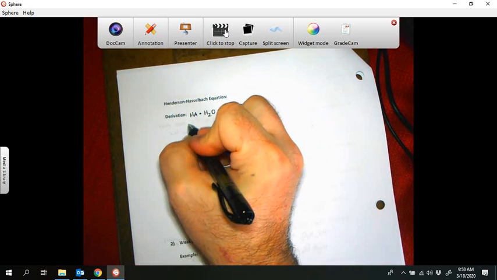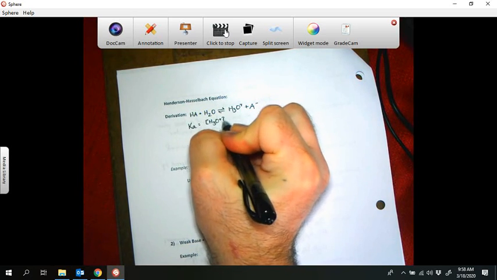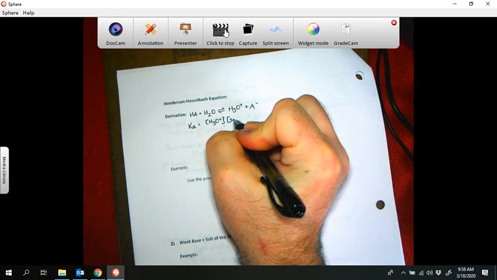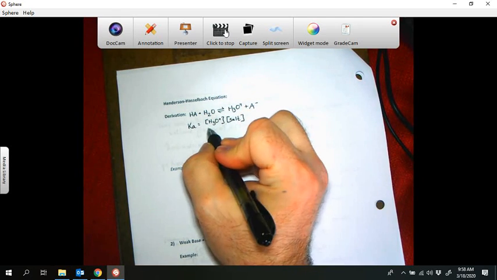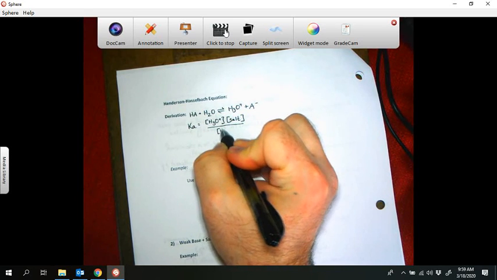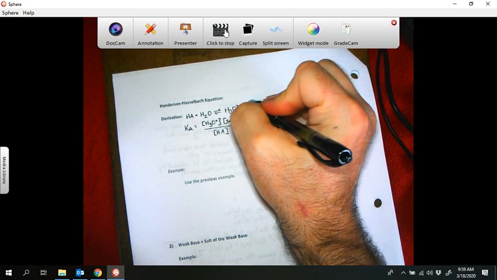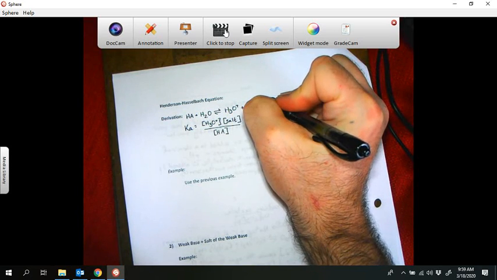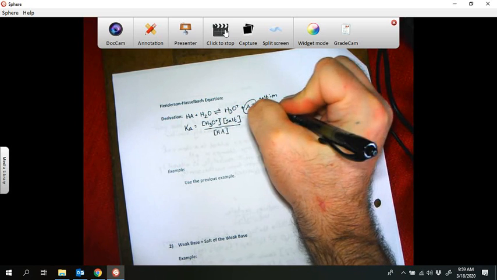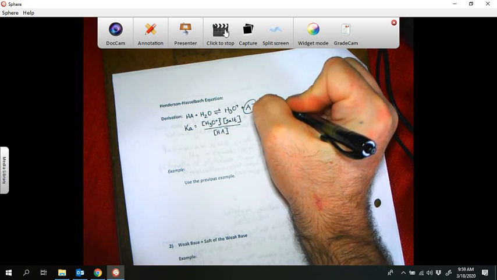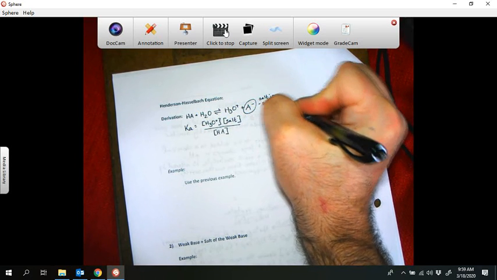we know that Ka is equal to the concentration of H3O+ times the concentration of our salt, which is the A-, all over HA. And we know that the salt ion, the soluble salt, adds to this.